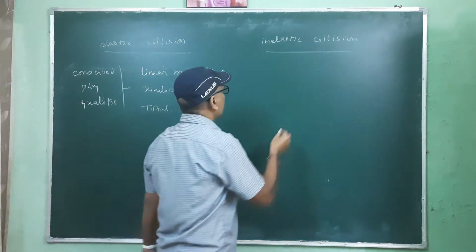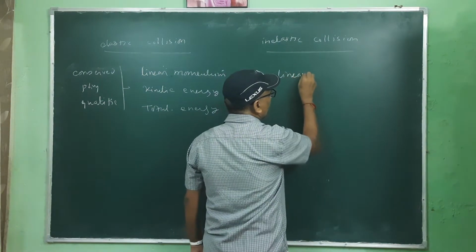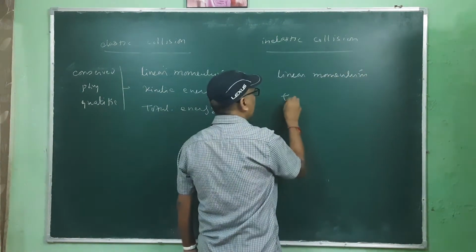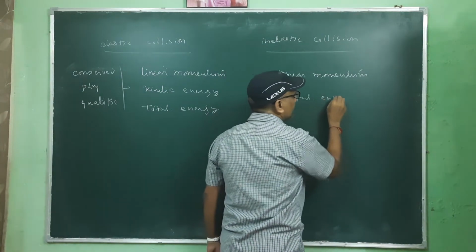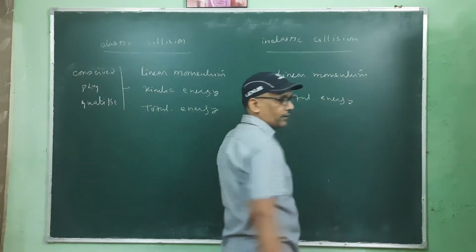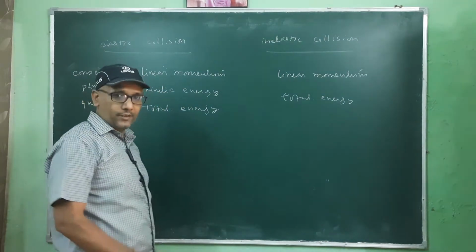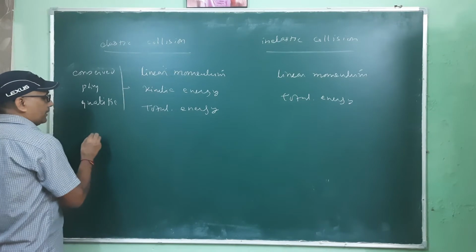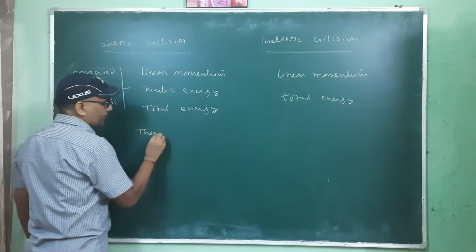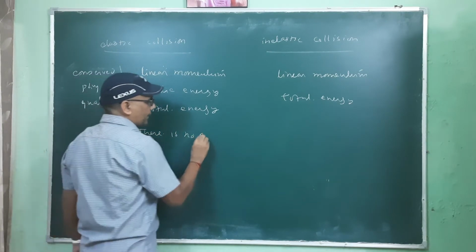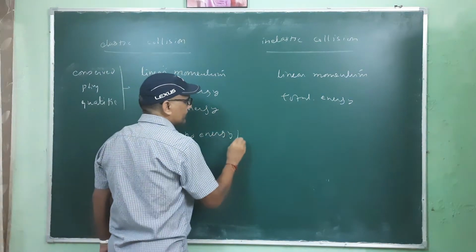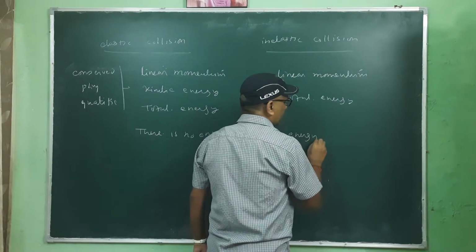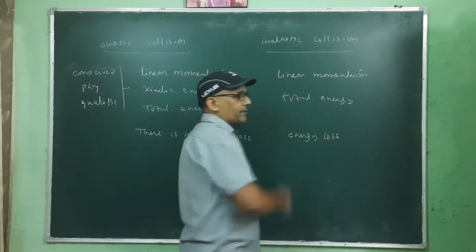Whereas in the case of inelastic collision, linear momentum is conserved, and the total energy is conserved, but kinetic energy is not conserved. There is energy loss here, whereas in the elastic case there is no energy loss because kinetic energy is conserved.